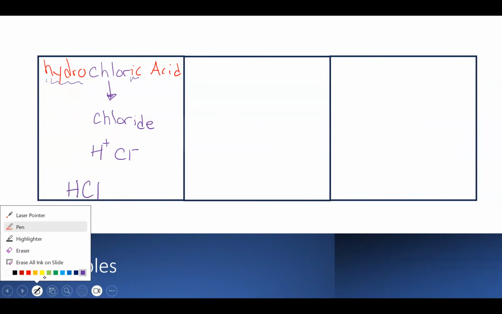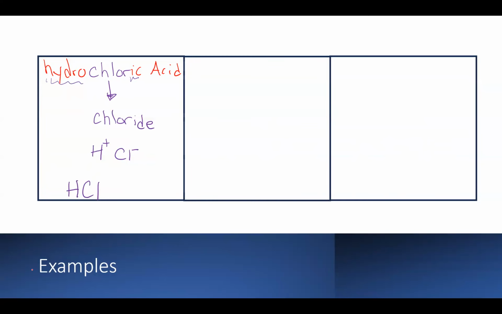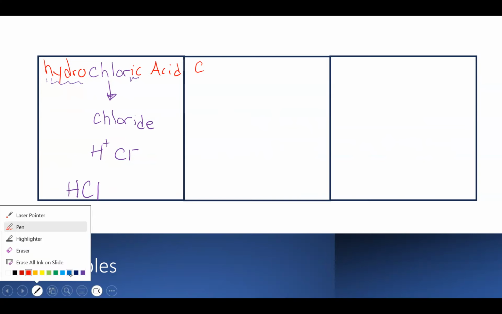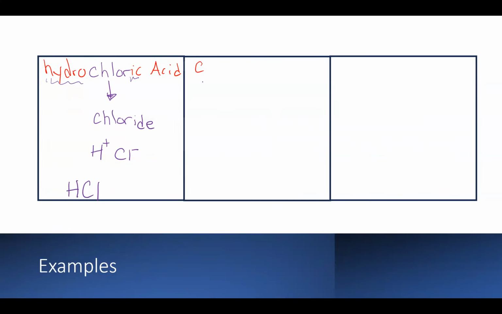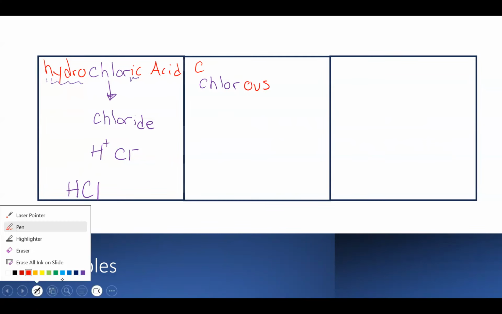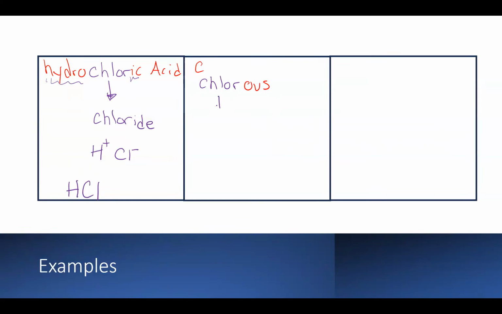That same pattern is going to be true for the other versions. If we have chlorous, CHLOR and then OUS, acid, the chlor is still the root word, so that comes down.